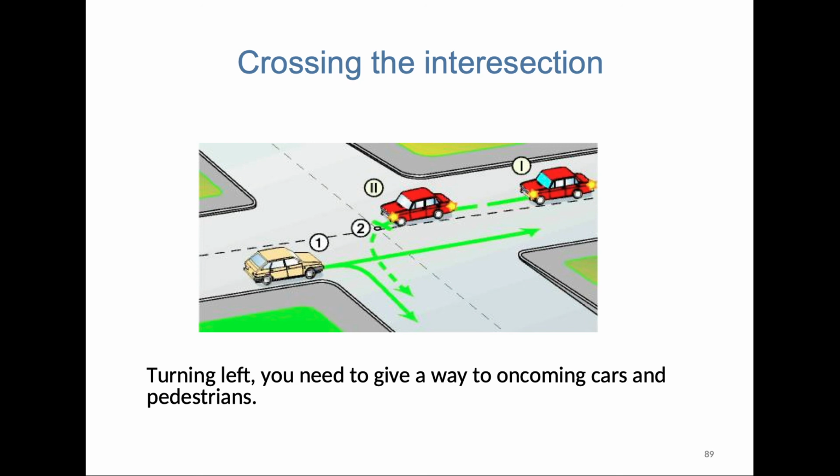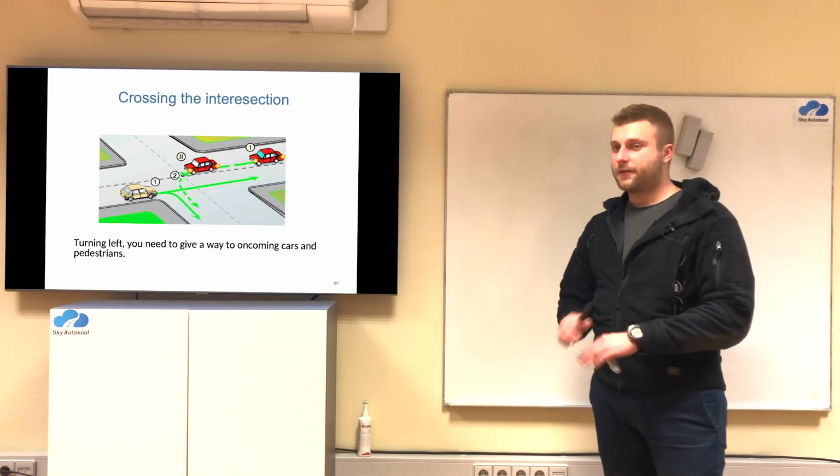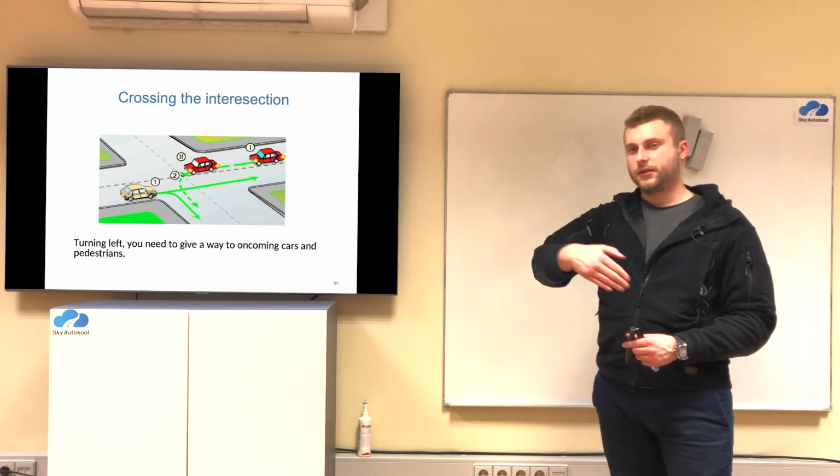Also, you have to check the backside that there is no one who wants to overtake you, or maybe somebody already overtaking you. After that, if everything is okay, you check pedestrians on the left side when you finish your turn, basically. Everything is clear, and then only you can move.